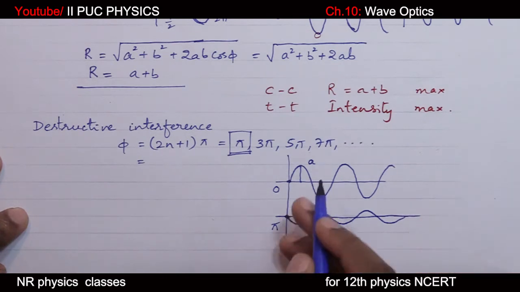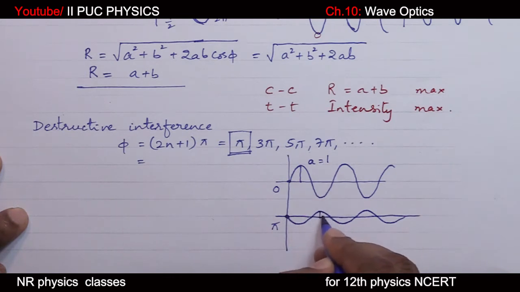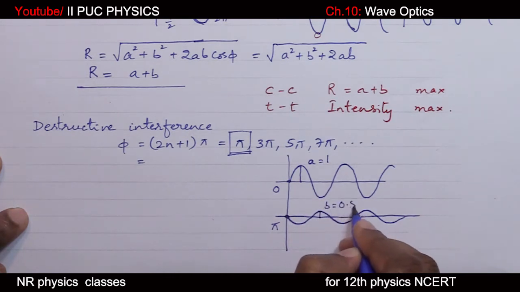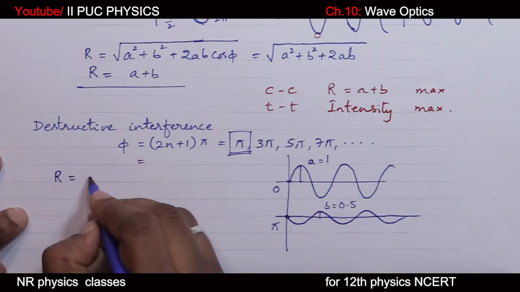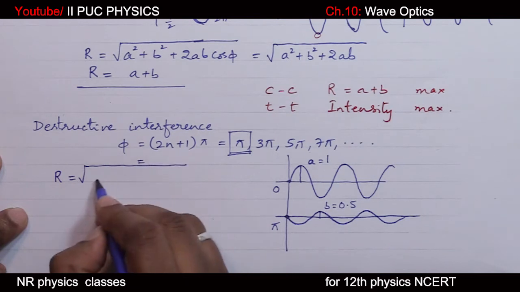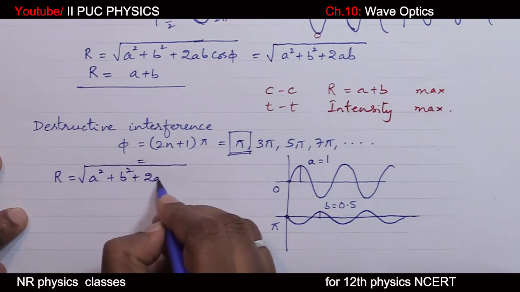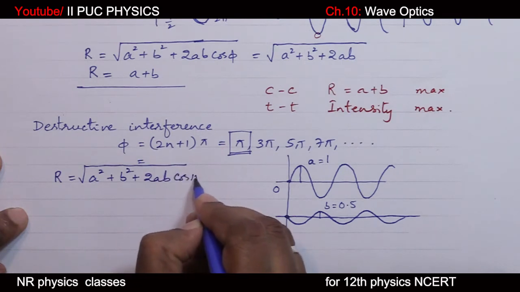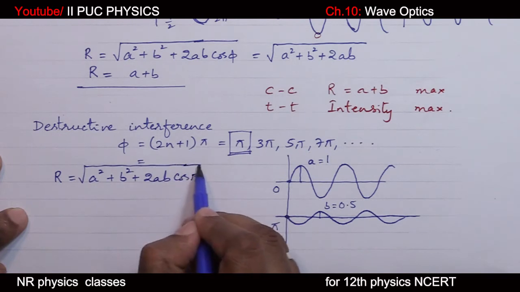Now, if A is 1 centimeter, this amplitude is B, which is equal to 0.5 centimeter, as an example. Then amplitude equals root of A square plus B square plus 2AB into cos pi, because I am talking about pi. Cos pi is minus 1.